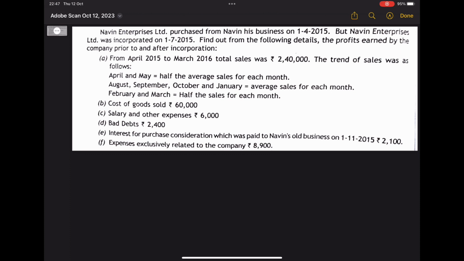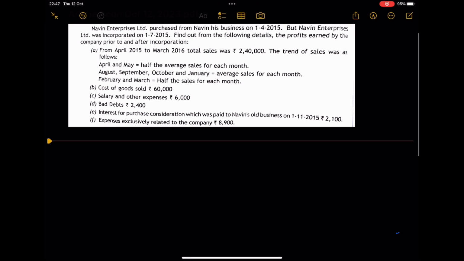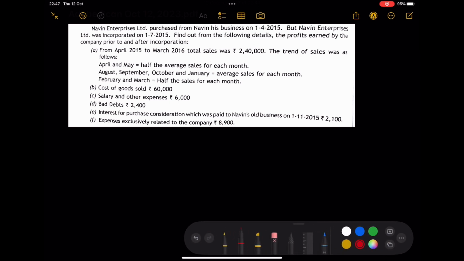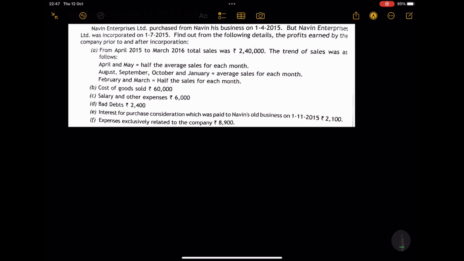So now we will calculate the working note. The first calculation will be working note number 1, calculation of time ratio.